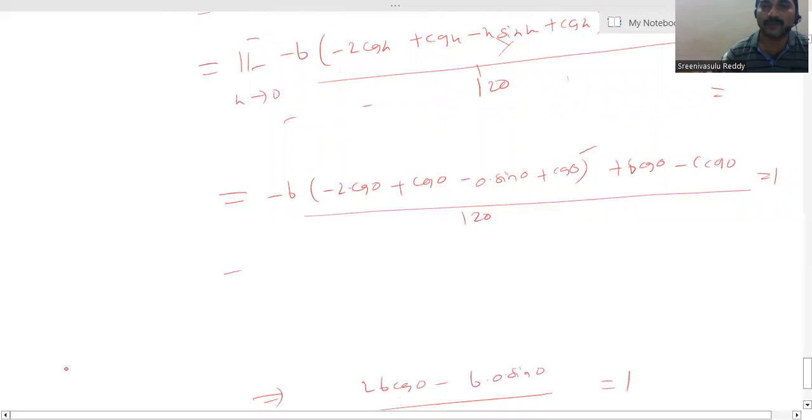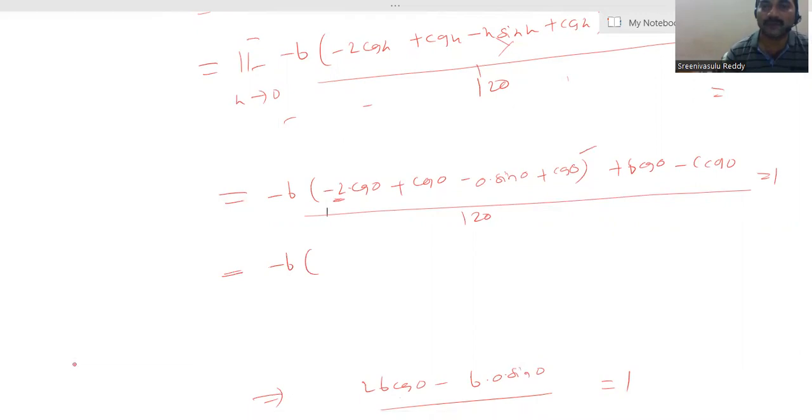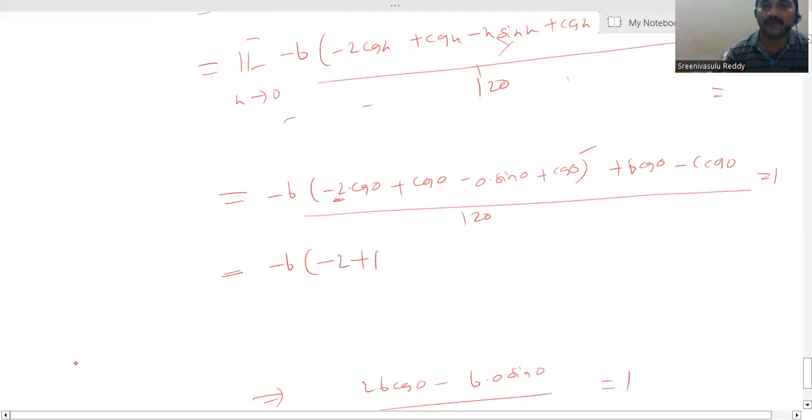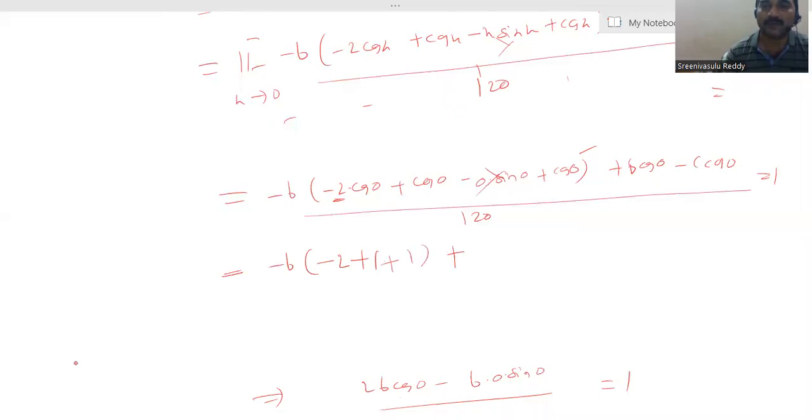That implies equal to minus b times of minus 2 plus 1, this value 0, this value 1, plus b times of 1 minus c times of 1 by 120. Take a cross multiplication. We get 1 into 120 equal to 120.